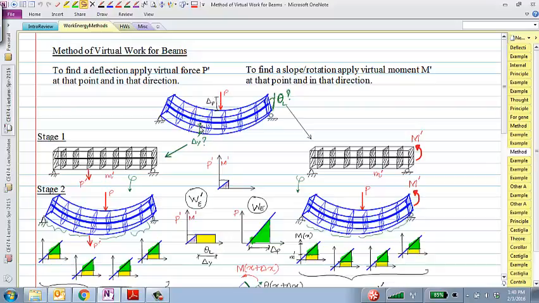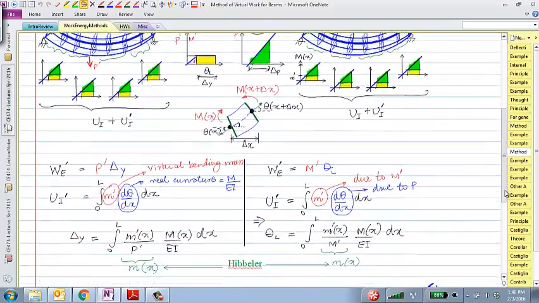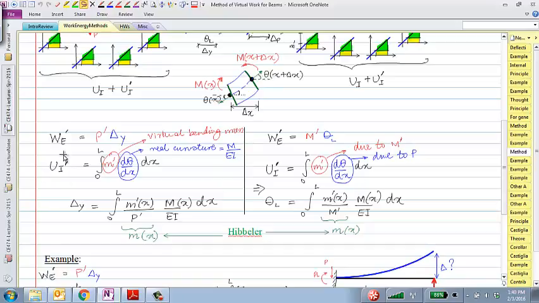If you want to evaluate the displacement or a rotation of a beam or a frame at some point, you apply a virtual load P prime or a virtual moment M prime there. The external work done expression is simply P prime times delta or M prime times theta.